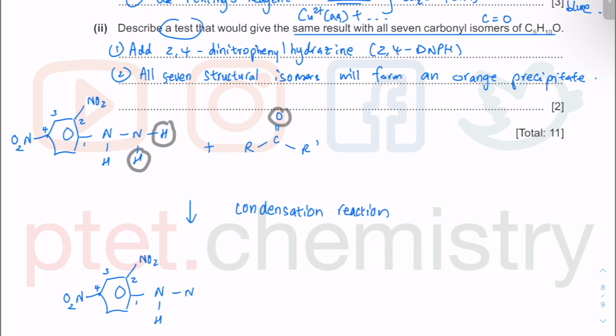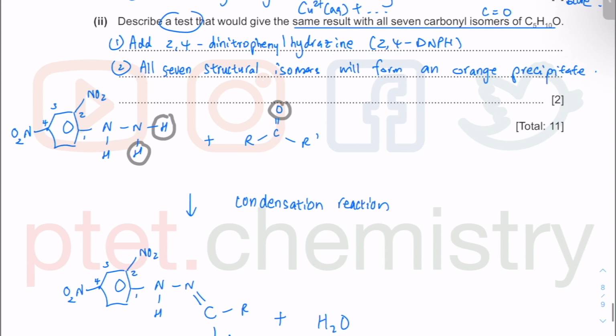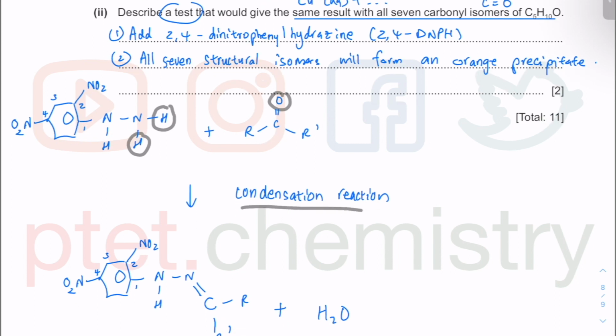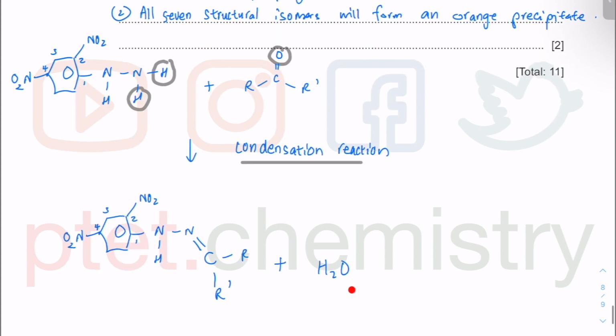And now the nitrogen is going to be bonded in place of the carbonyl. Instead of the oxygen, it's now double bonded to the carbon there. And I have R and R dash, and I get water. Condensation reaction, the 2 molecules come together and kick out a small molecule. In this case, it kicks out water. If this is H there, meaning CHO aldehyde, then you just get one of them being H and one of them being the alkyl group.